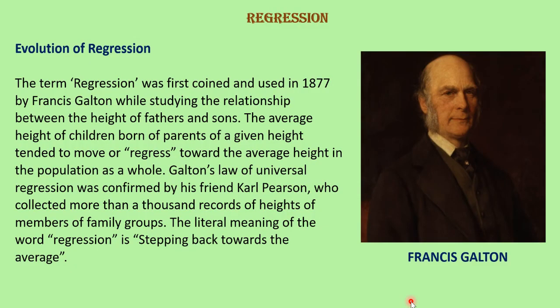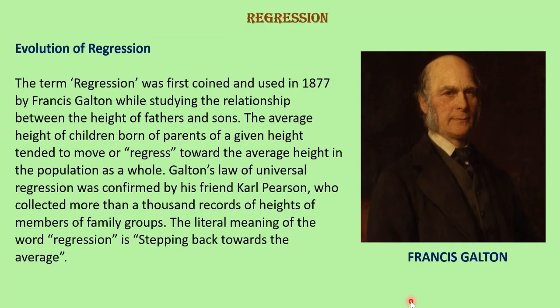If y is the dependent variable and x is the independent variable, the linear relationship between the variables is called the regression equation of y on x. The regression equation is used to estimate the value of y corresponding to the known value of x. The line describing this tendency to regress or going back was called by Galton as regression line. So that is the answer for question number 26.